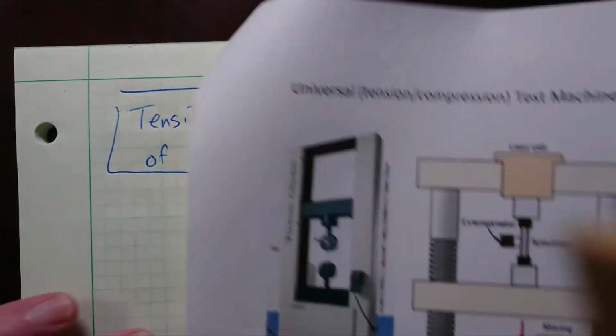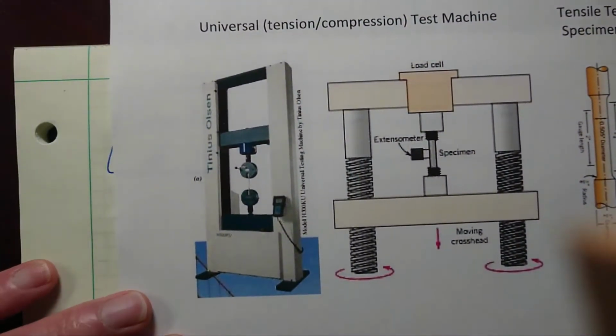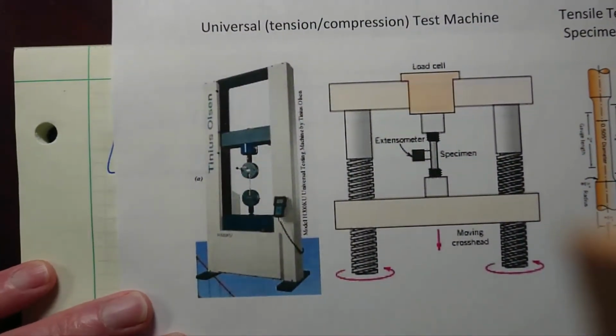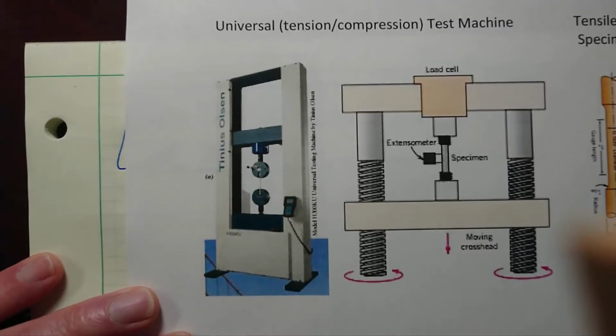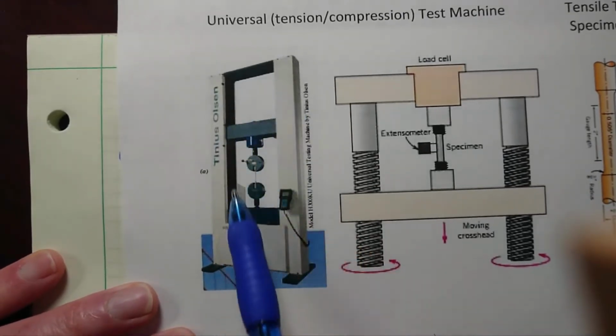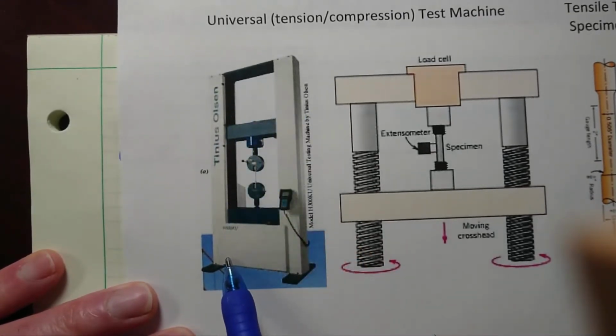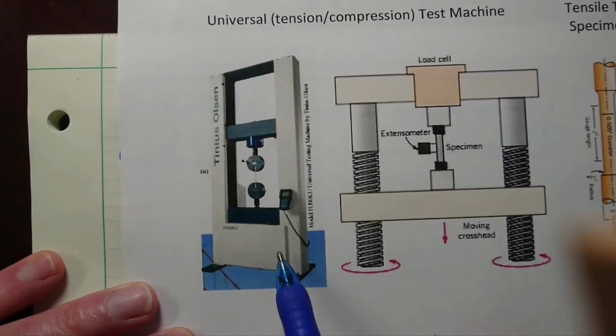Start with a couple of schematics of what the test equipment looks like to determine mechanical properties of metals. This is a photograph of a machine that's called a universal test machine, and it's universal because it's capable of testing materials both in tension and compression.